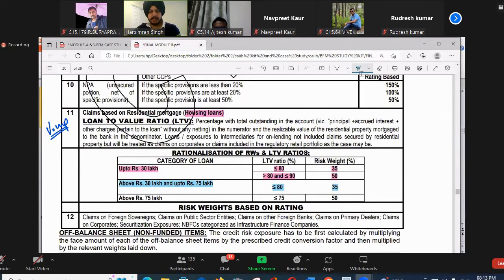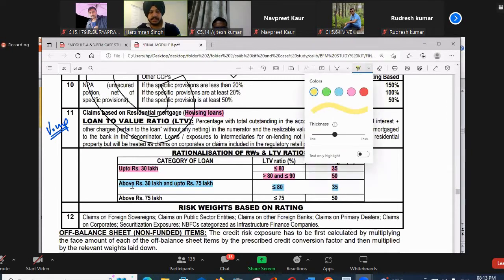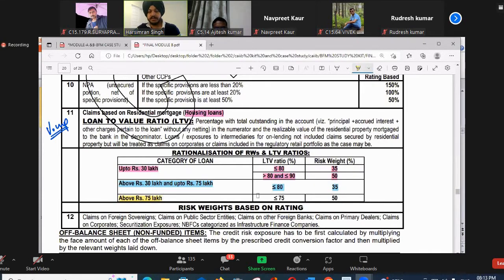And if the amount of loan is above 75 lakhs, LTV ratio allowed is up to 75%, risk is 50%. You have to remember, you have to learn this chart.